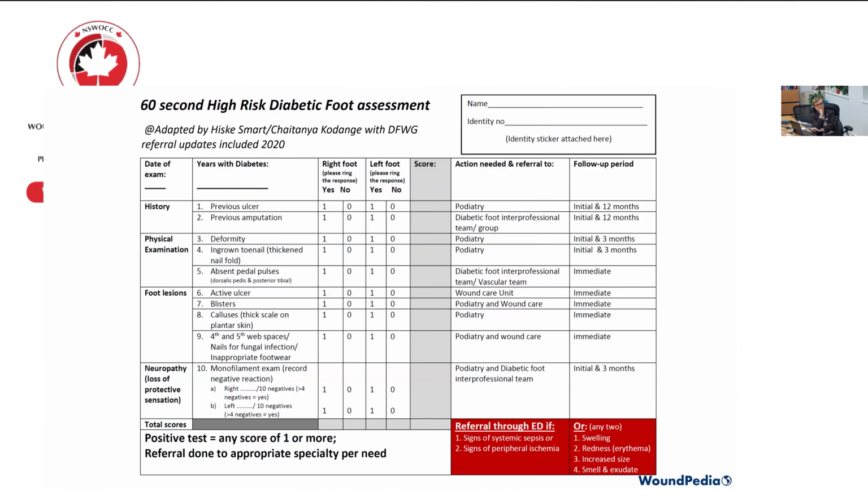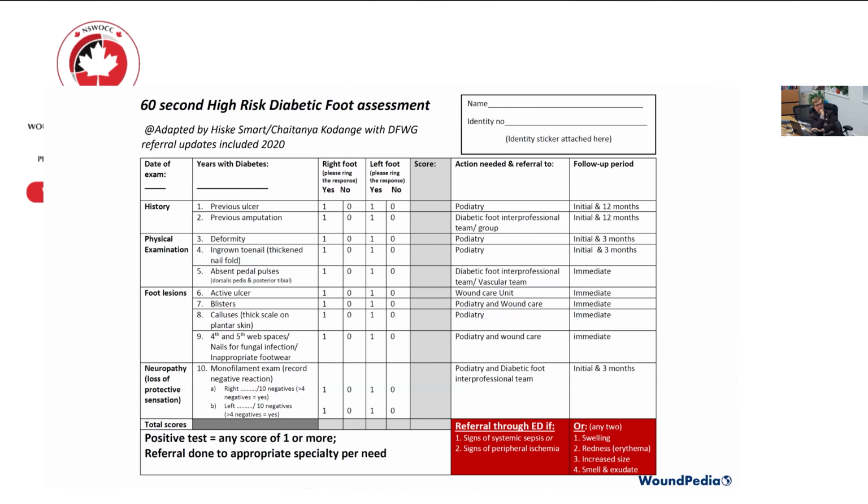If there is nothing, the follow-up period would be 12 months, as it would probably be with previous ulcer and amputation. But if they've got a deformity, an ingrown toe, or absent pedal pulses, then the follow-up might be 3 to 6 months.